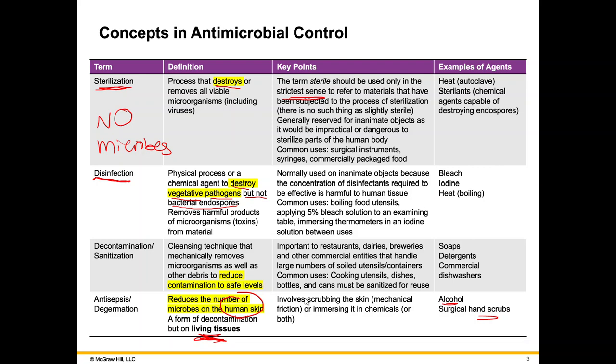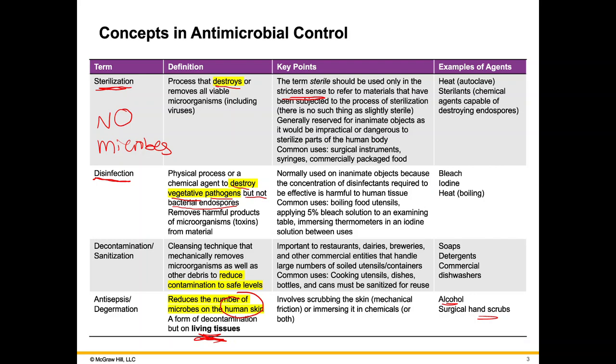So our first term that we mentioned was sterilization. This process destroys or removes all microorganisms, including viruses. So there are no microbes that exist on or in whatever it is we're sterilizing after that sterilization process is complete. So sterile is not a term you use lightly.